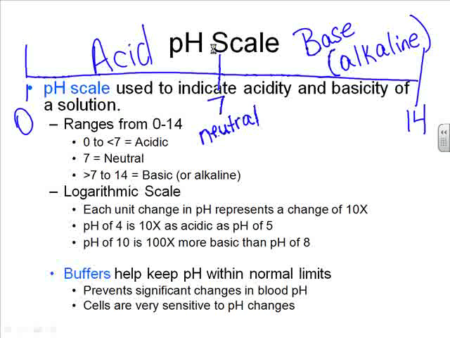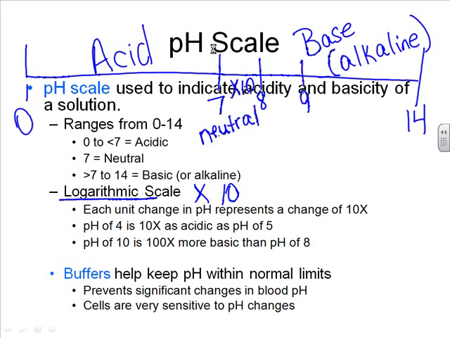Now, this scale takes some explanation because it's not simply a 1-point scale, meaning from 7 to 8 is 1. It is logarithmic, which means it's going to be multiplied in units of 10. So every time we change from one to the other, from 7 to 8, that's multiplied by 10. 8 is 10 times stronger than 7.